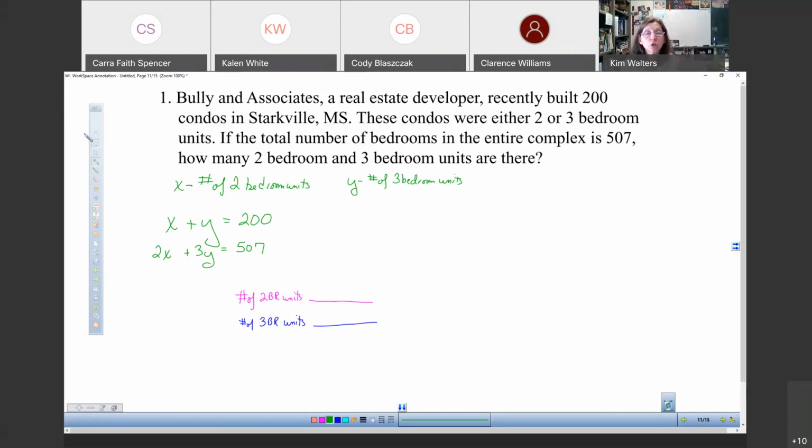You can list your answers in this order: the first answer is the number of 2-bedroom units, and the second answer is the number of 3-bedroom units.